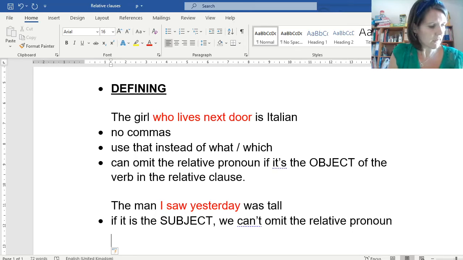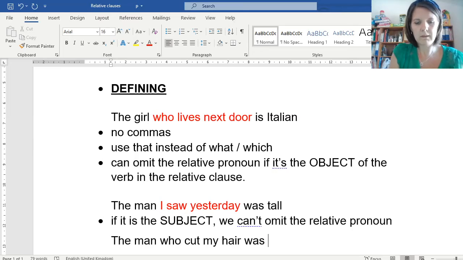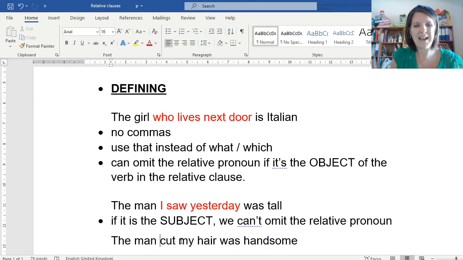So let's say, again, the man who cut my hair was, let's say he was handsome instead of tall this time. So obviously here, the man is the subject, okay? So it doesn't make any sense if we say the man cut my hair was handsome, okay? So in this case, because it is the subject, we need to keep the relative pronoun.